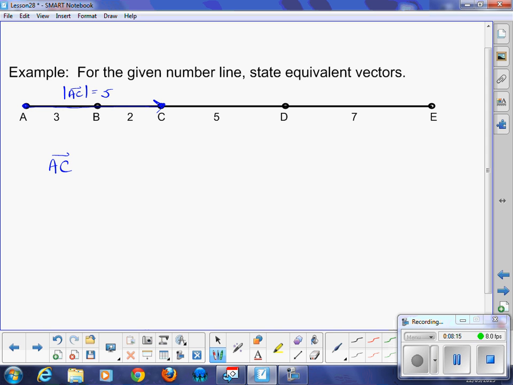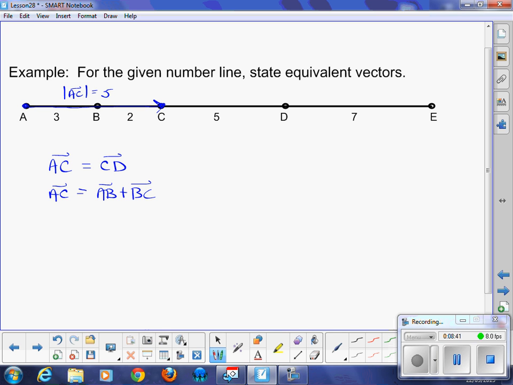So what vectors are equivalent to AC? Hopefully you're saying vector CD has 5 units, so that would work. They're identical in size. And if you want to get technical, if I added vector AB plus BC, that would be correct as well.